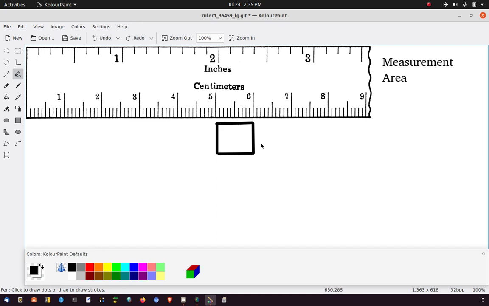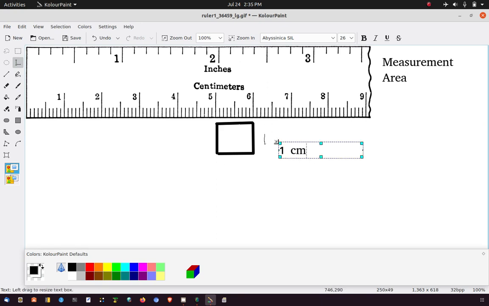Why do you call it centimeter square? That's because if you want to find out the size of the area that this covers, you have 1 centimeter high, and then you also have 1 centimeter wide.